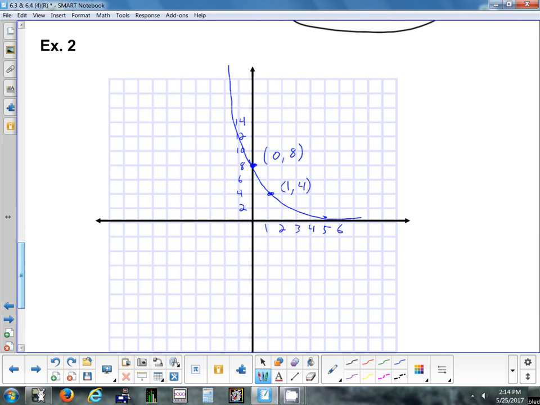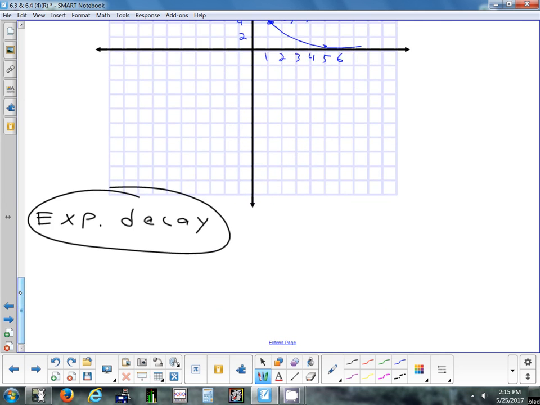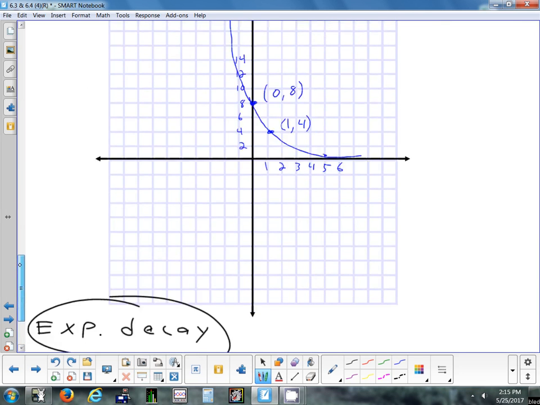What are the two letters I need to find? Derek, can you tell me one of the letters you've got to find? A. Yep. What's the other one? B. So I'm just going to write down A and B.